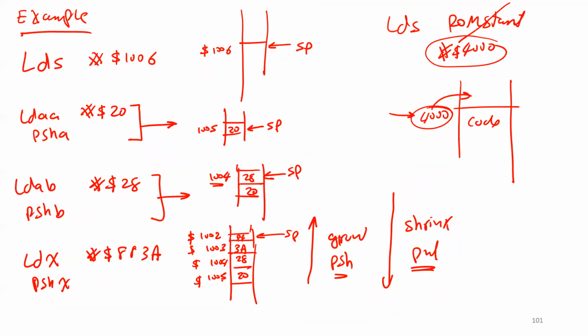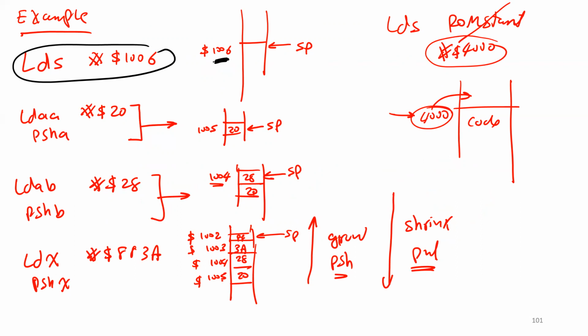So, for example, look here, guys. Load stack pointer 1006, as you see here. This is the initialization of the stack, so the stack is empty. Nothing is in the stack yet, I'm just initializing it. The stack pointer is here at 1006.